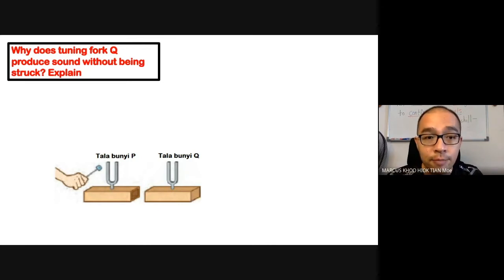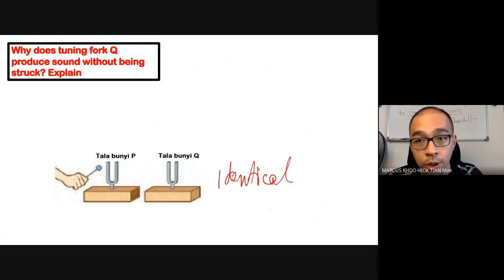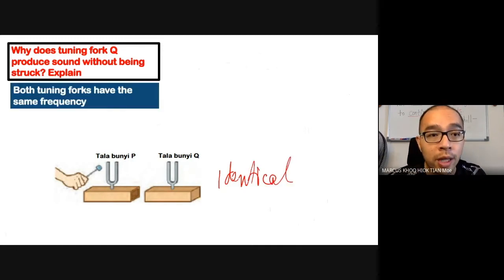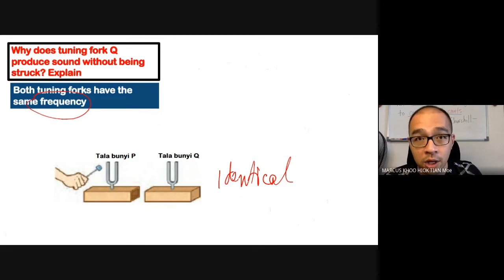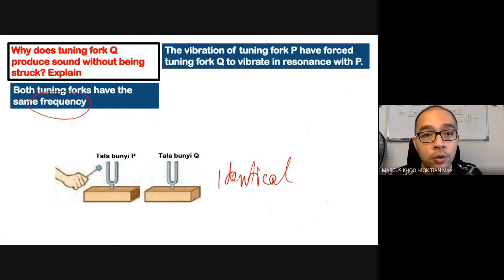But since P and Q are identical, very important, both tuning forks will have the same frequency, otherwise known as the natural frequency. And so when we hit the tuning fork P, it's going to force the tuning fork Q to vibrate in resonance because they have the same frequency.